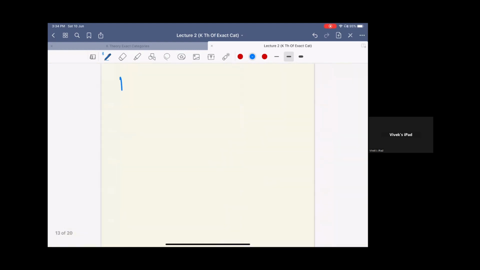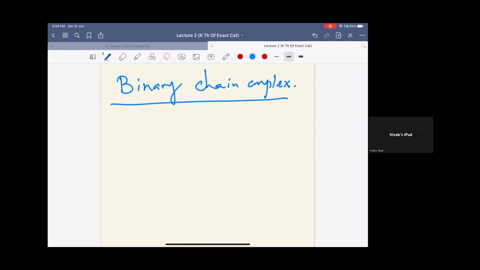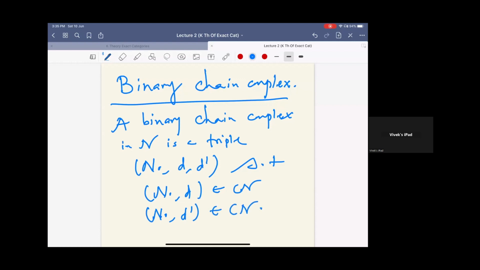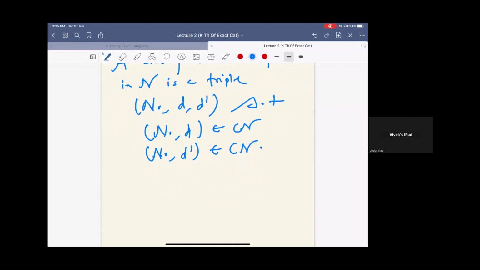Now we'll come to the binary chain complex. So a binary chain complex in an exact category N is a triple (N, d, d'), such that, basically, it's a chain complex with two differentials, a top differential and a bottom differential.